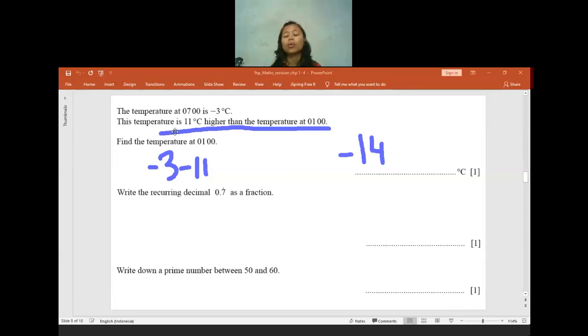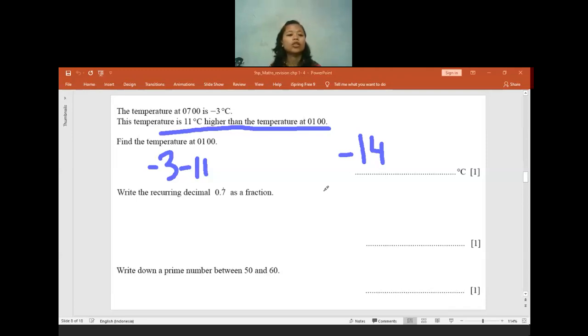So it means the temperature will be getting smaller. To get the smaller number, I need to do subtraction, not addition. So negative 3 minus 11 equals negative 14. Is it clear enough for those who asked me how to get negative 14?